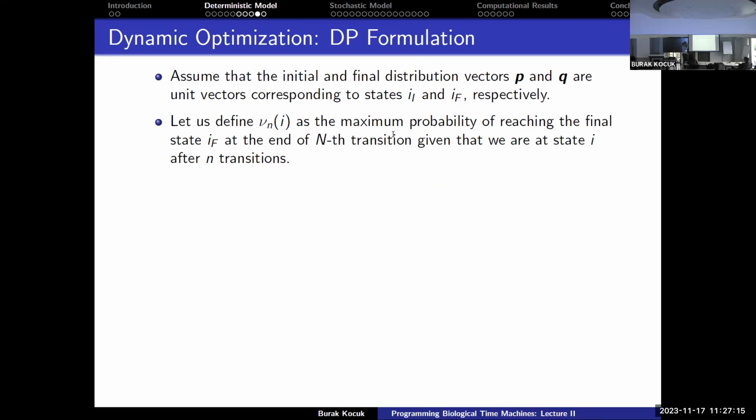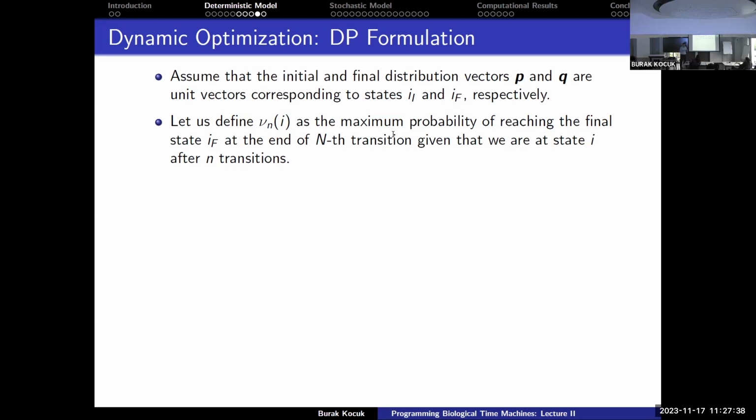So this is a very important definition. Let's try to understand. I define mu n of I as the maximum probability of reaching the wild type, given that I'm at state I after little n transitions. What does that mean?